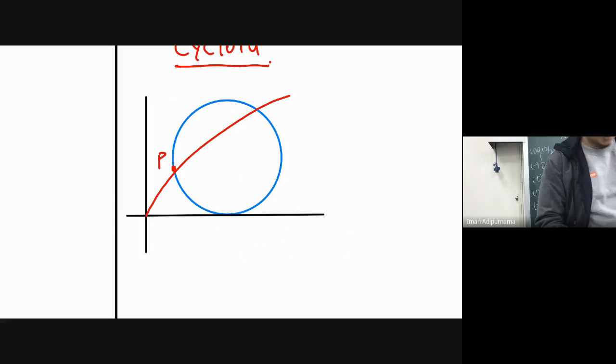Say this is the center of the circle. Let me name it T, and then this is the origin.